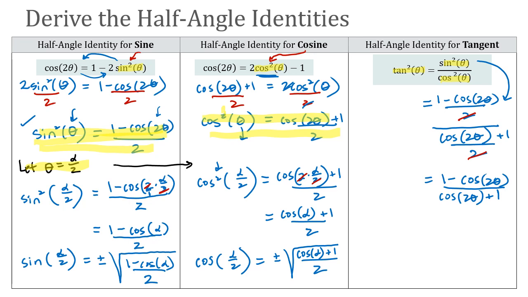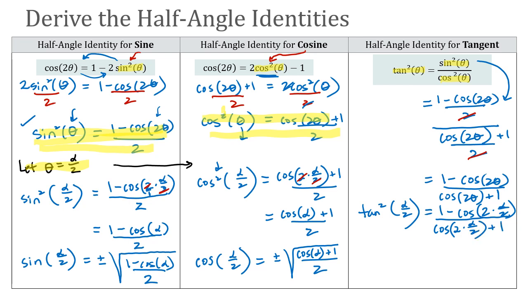So instead of writing tangent squared theta, I'm going to write tangent squared of alpha over 2. And that's going to equal 1 minus the cosine of 2 times alpha over 2 all over the cosine of 2 times alpha over 2 plus 1.